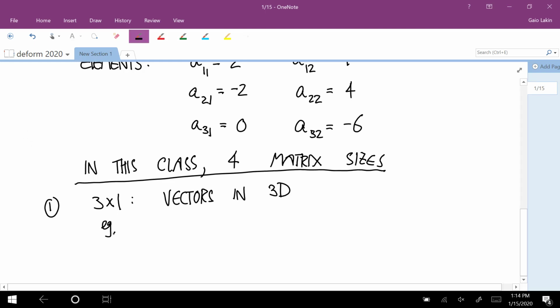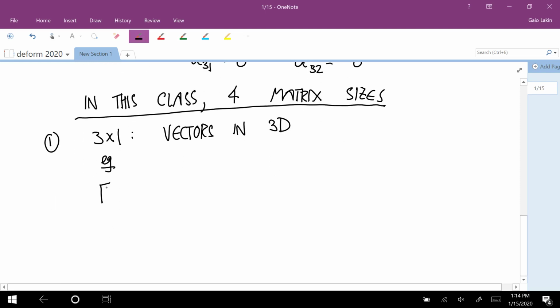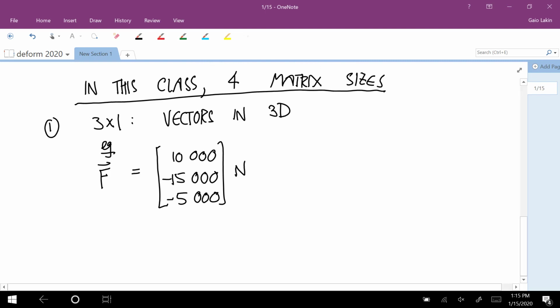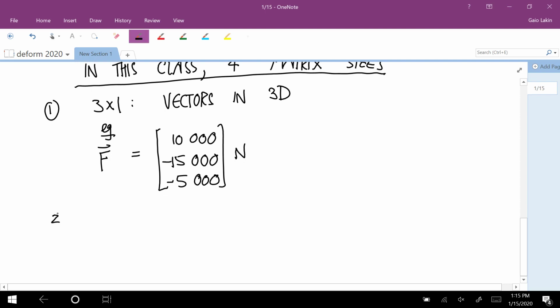So for example, this could be a force vector, 10,000, negative 15,000, negative 5,000 in newtons. So you're used to that one. These other ones, I don't think you've probably seen yet, or at least not much.